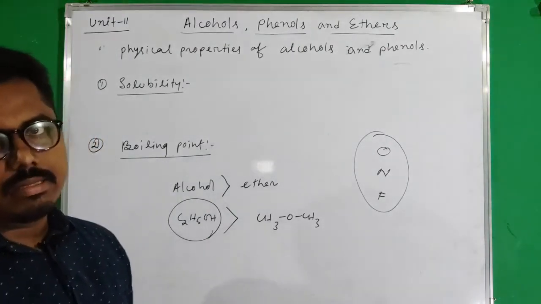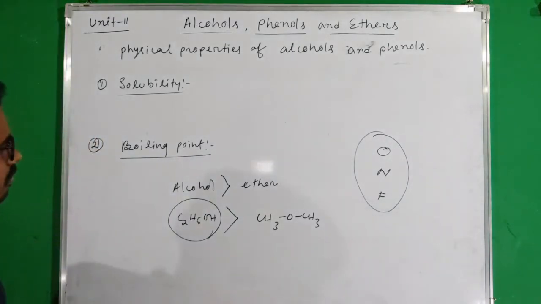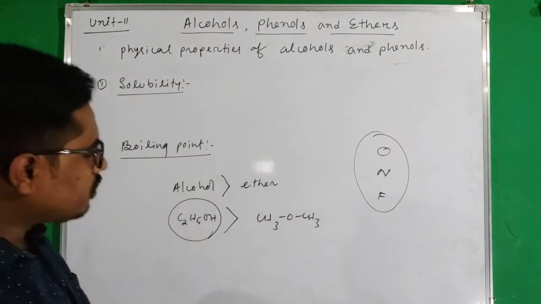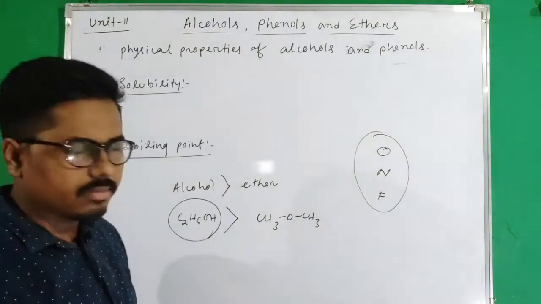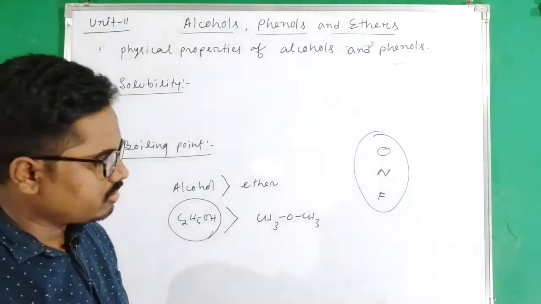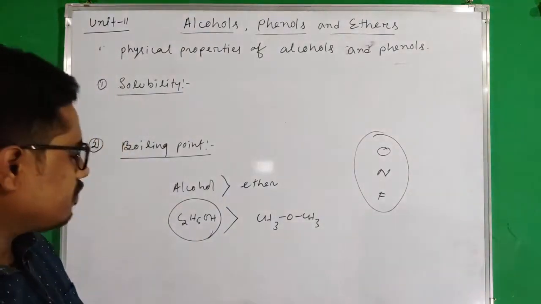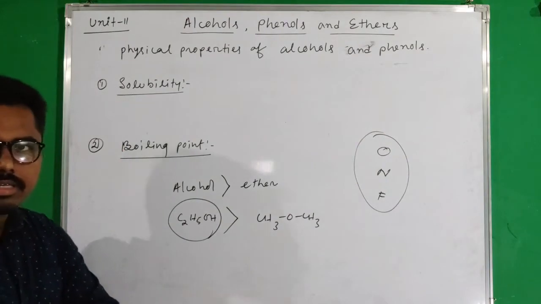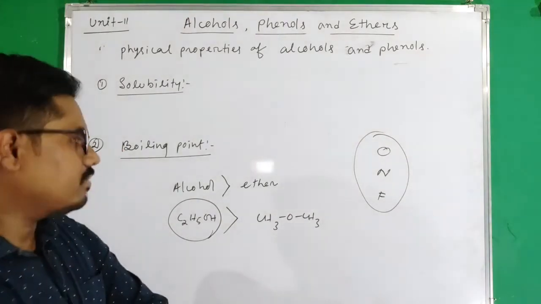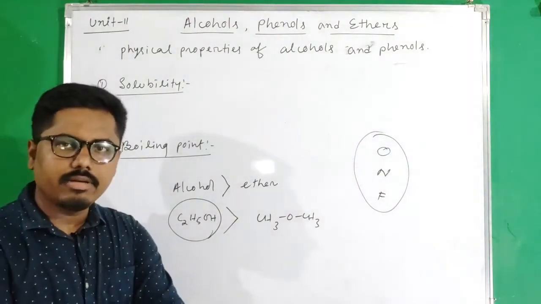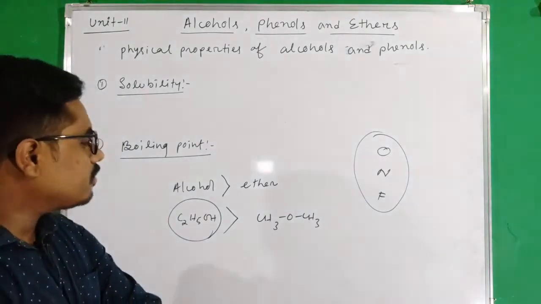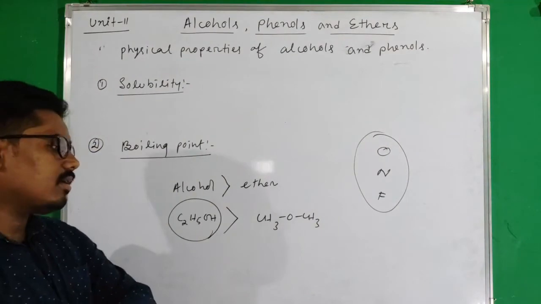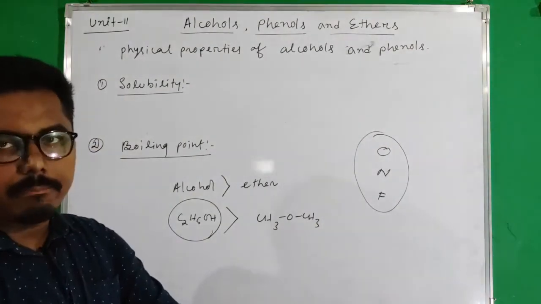So in exams, a question may ask why the boiling point of ethanol is higher than methoxymethane. Explain. You have to write that in ethanol intermolecular hydrogen bonding is present, but in methoxymethane intermolecular hydrogen bonding is not present. Therefore the boiling point of ethanol is higher than methoxymethane.